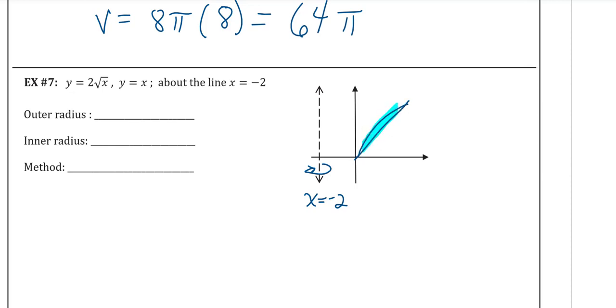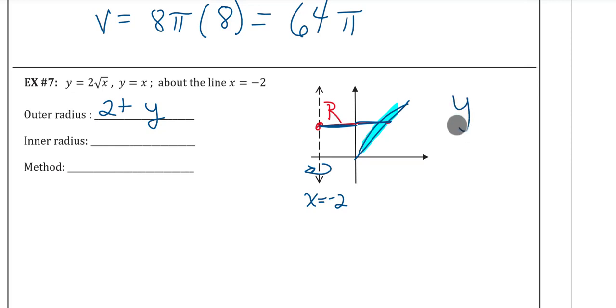So our capital R is the farthest distance, so it's from the line to the -2. So we have a distance of 2, so let me put a capital R on there. We have 2, so this distance right here, plus that second part, which is just y, because y equals x. So it's the same whether it's already solved for x.